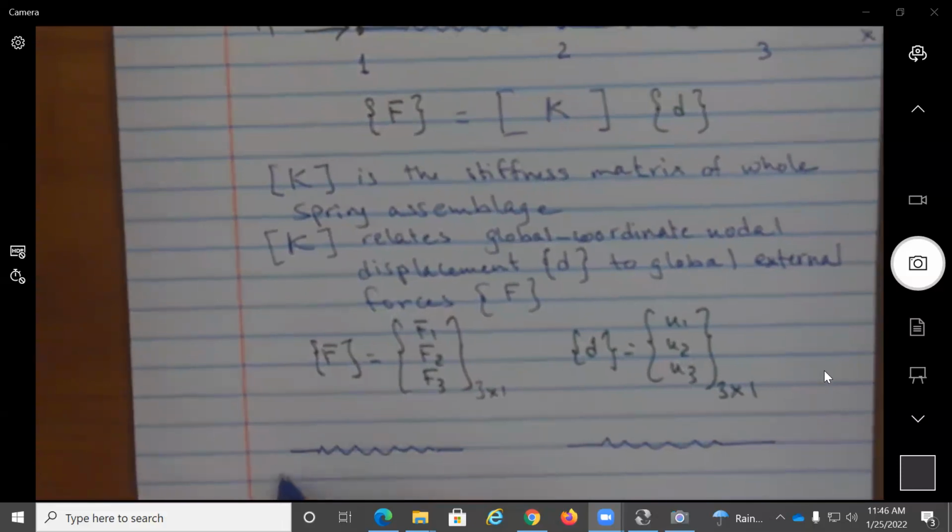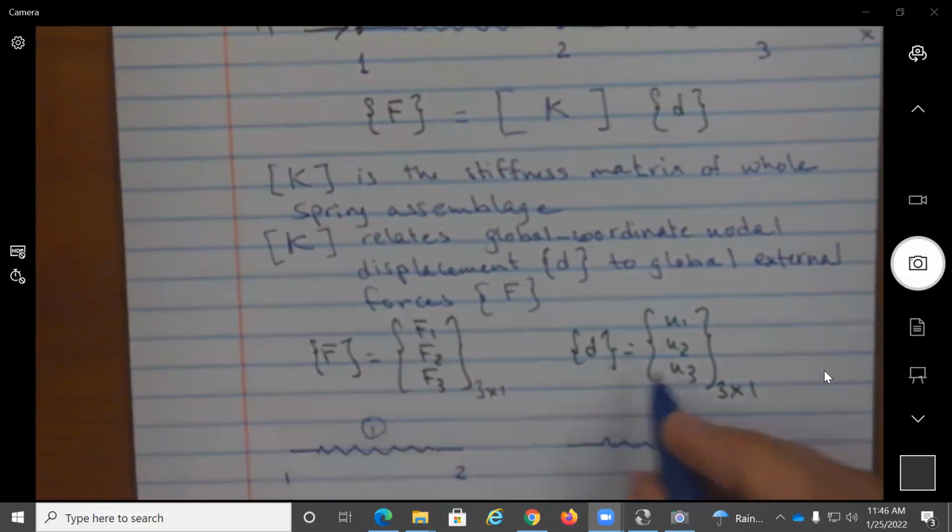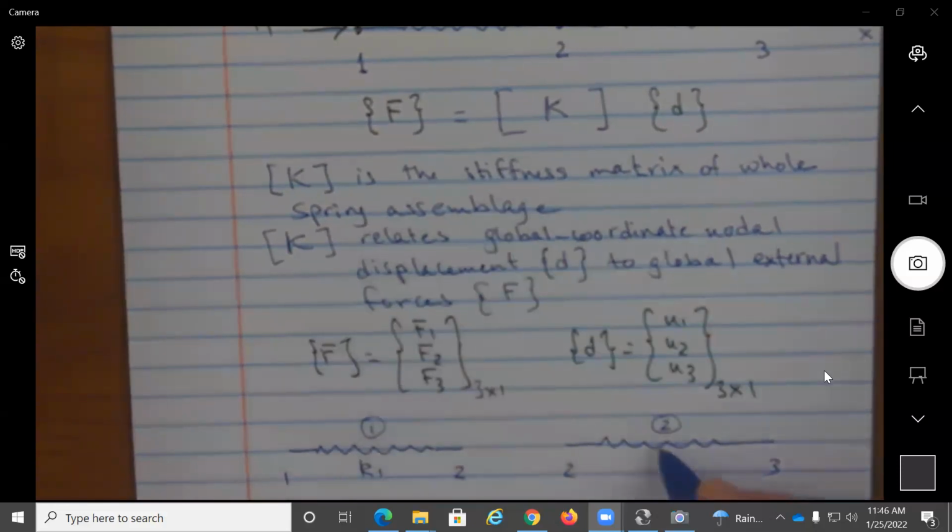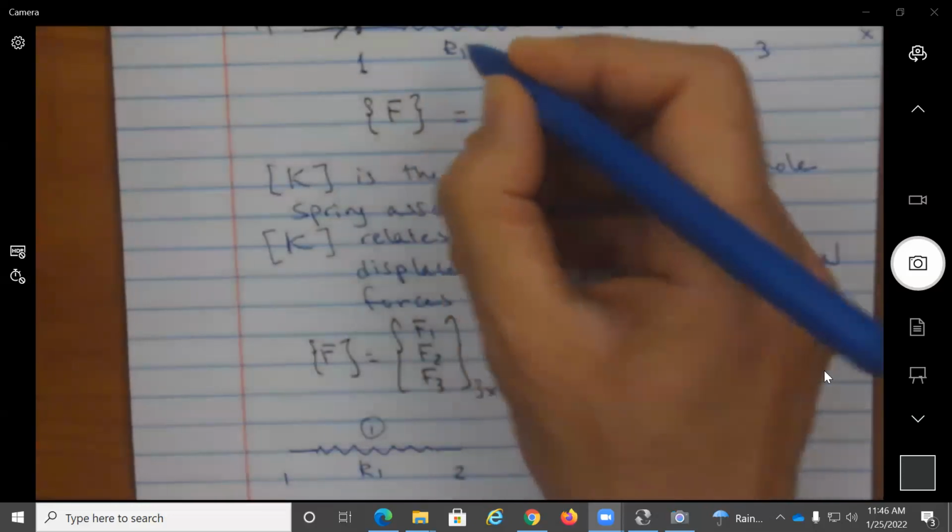Element 1 extends between node 1 and node 2, and element 2 extends between node 2 and node 3. Element 1 has a spring constant K1, and element 2 has a spring constant K2. I should have actually shown this here too.